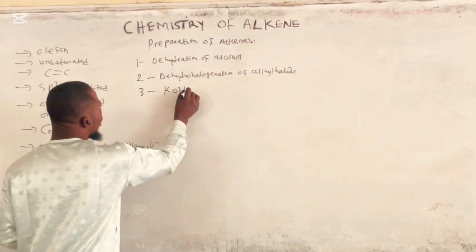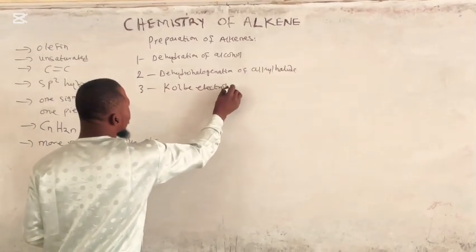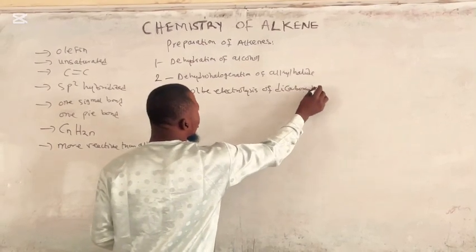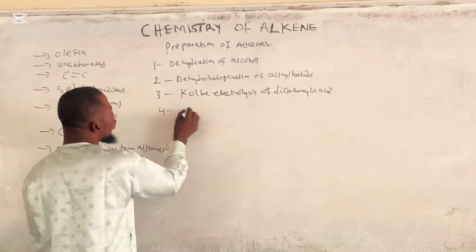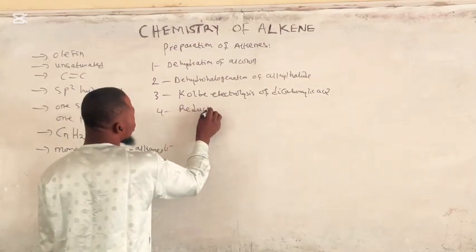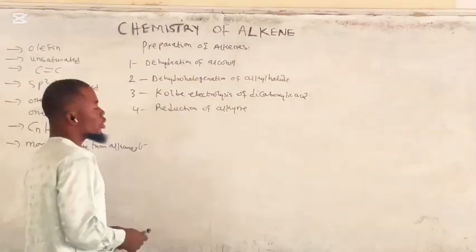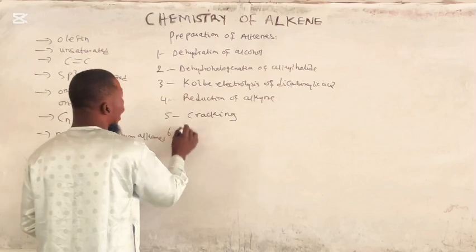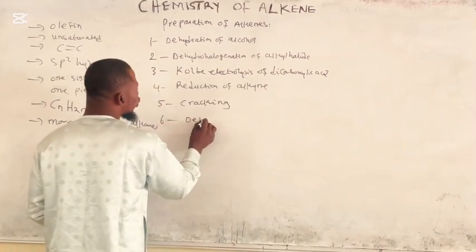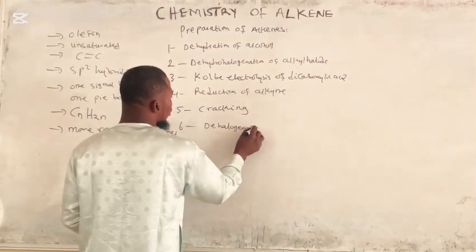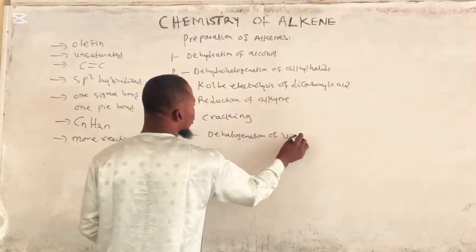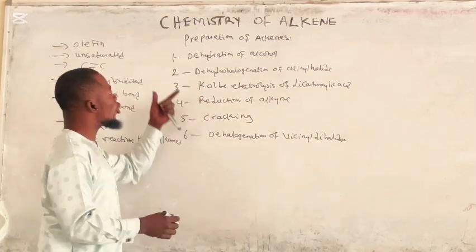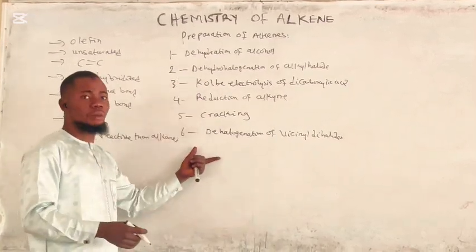Three, Kolbe electrolysis of dicarboxylic acid. Four, reduction of alkynes. Five, from cracking. Alkenes can also be prepared by dehalogenation of vicinal dihalide. So these are the common methods in which an alkene can be prepared.